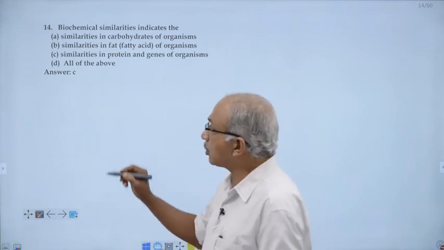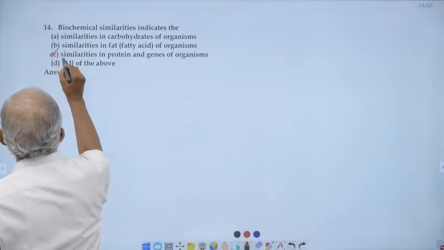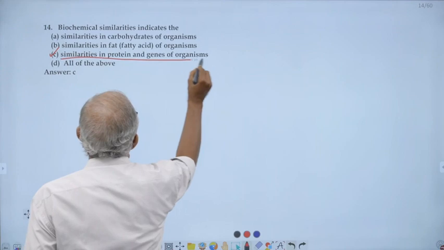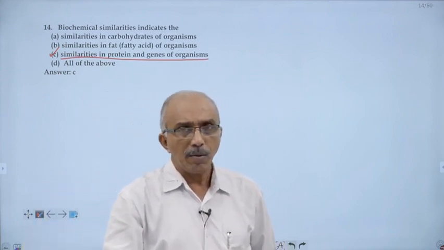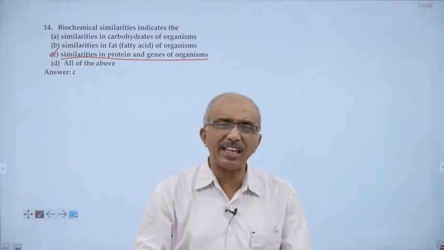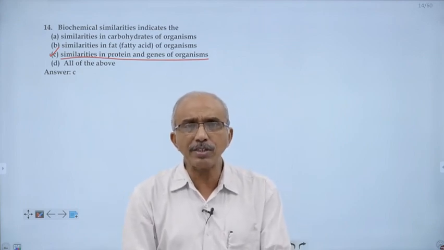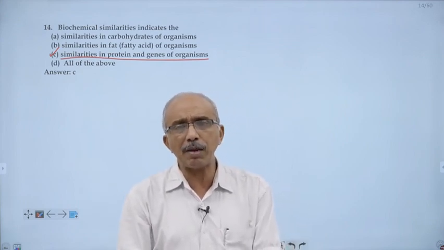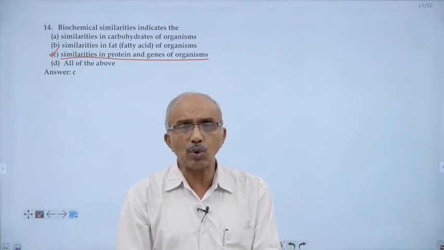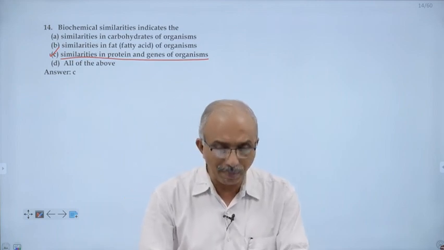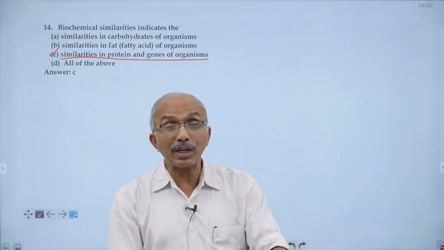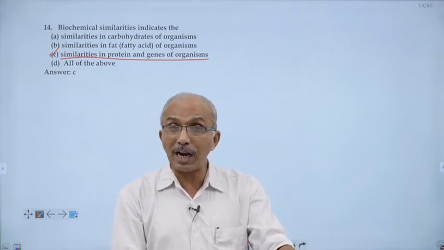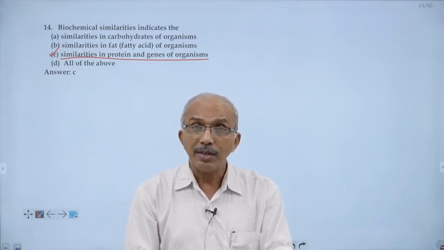Here, the answer is C: similarities in proteins and genes of an organism. Proteins and genes of diverse animals and plants show the same basic structure. Proteins are polypeptides of amino acids.